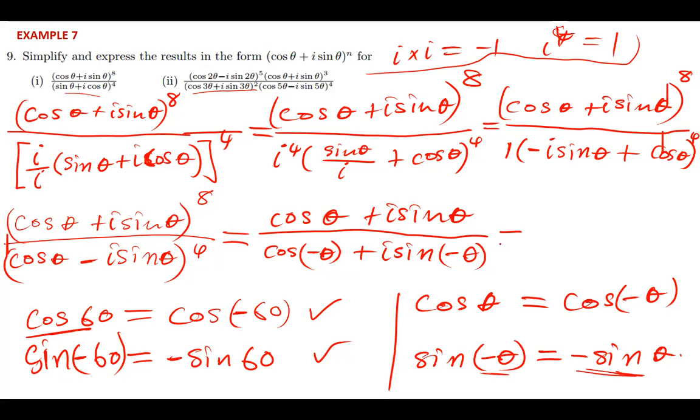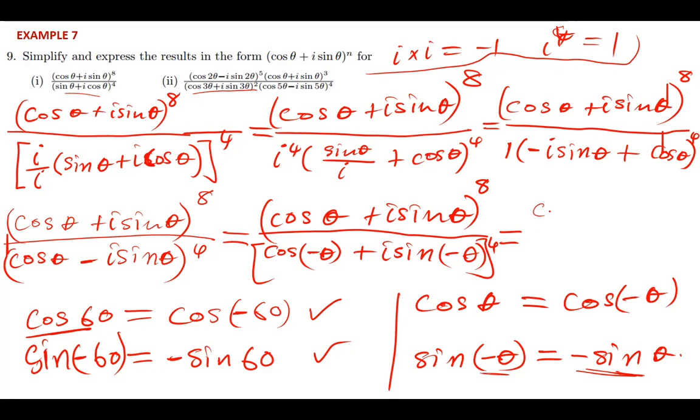Now, I've said a lot of things. From there, on top we have to the power 8, and down there we have to the power 4. So we can remove this negative outside, meaning the 4 will become negative.